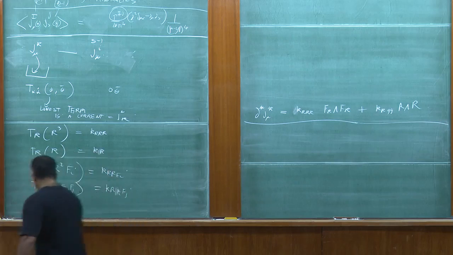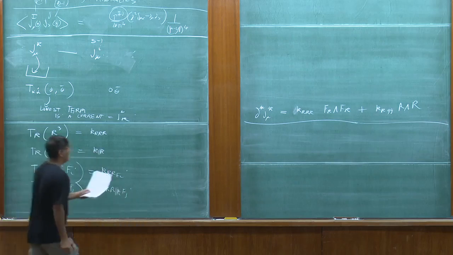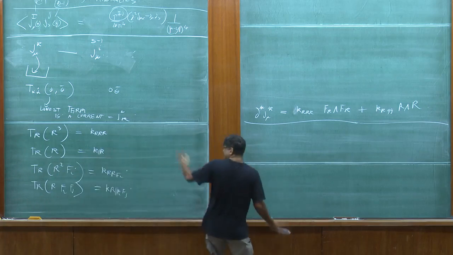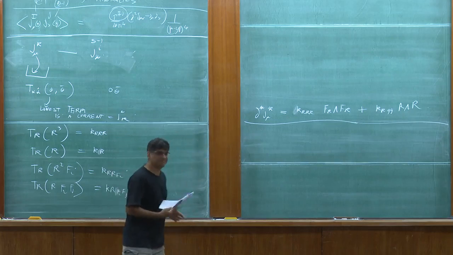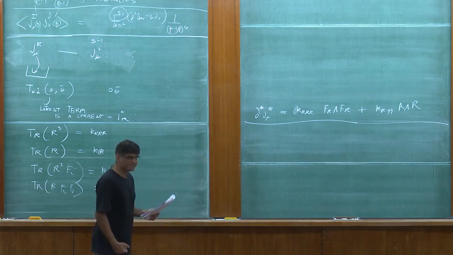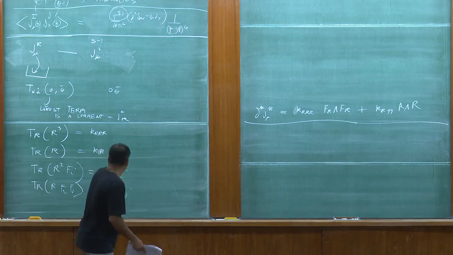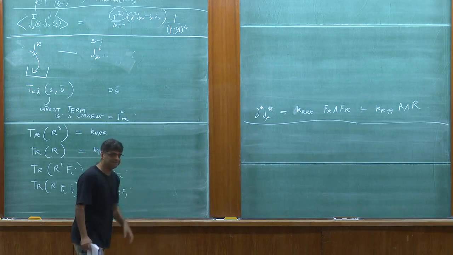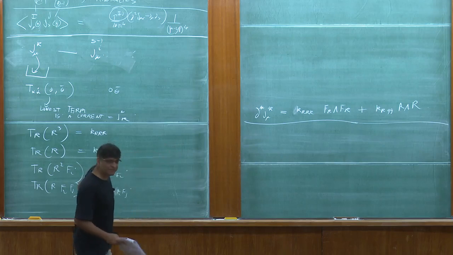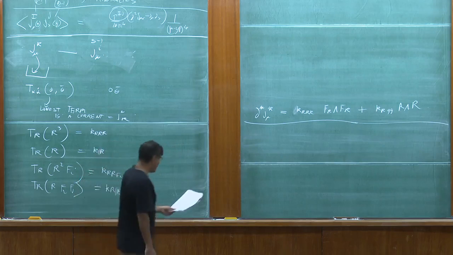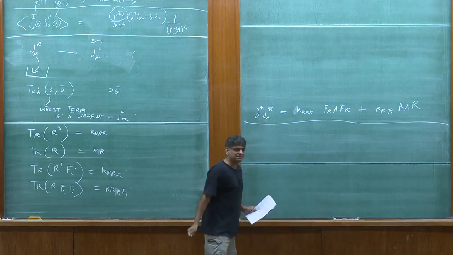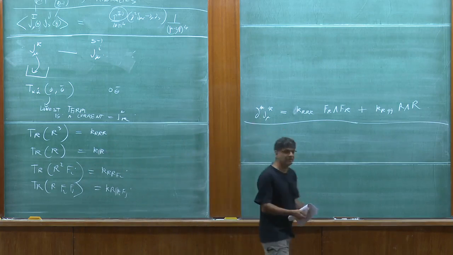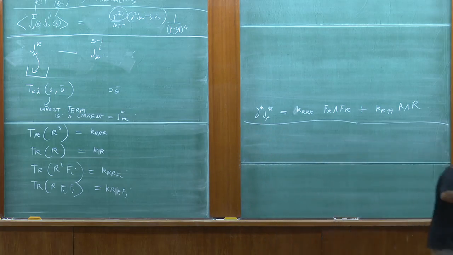Now, basically, the statement of these anomalies is a statement of what this is. There are the other two also. You have to write this term and this term as well. It's basically a statement of what this is. So if we know the anomalies, we know what del mu J mu is, and then we can try to rewrite that in superfield language.